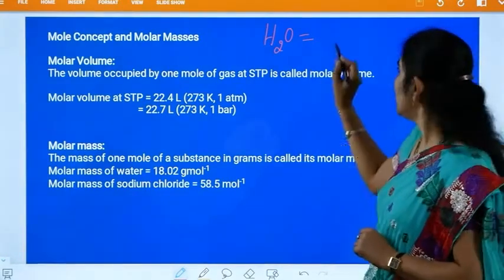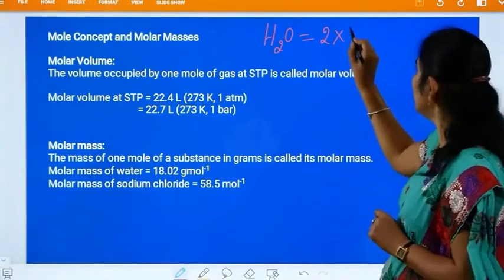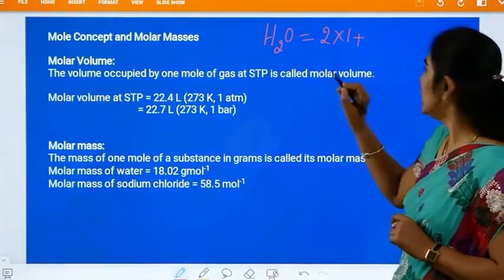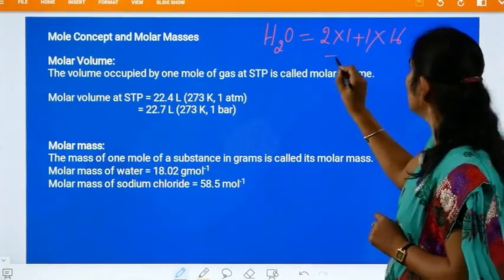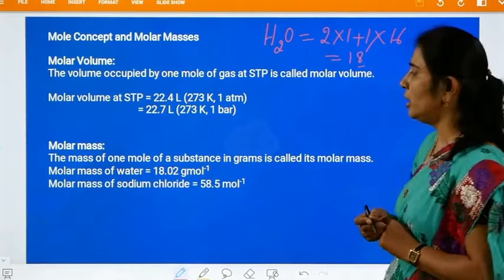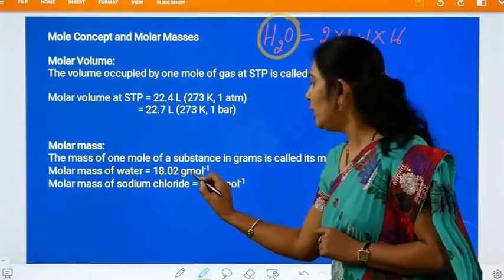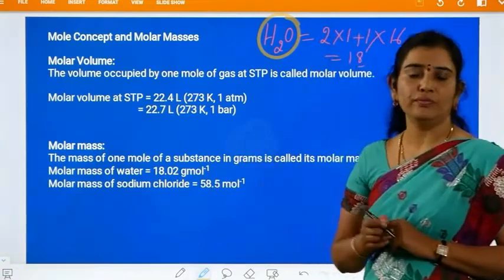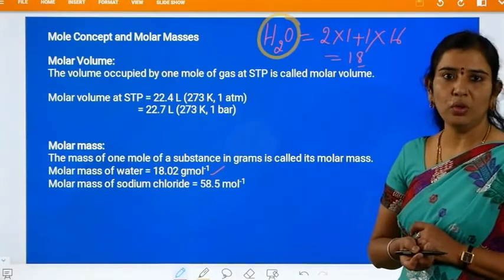How many hydrogen atoms? 2 hydrogen atoms, and the atomic mass of hydrogen is 1. Plus 1 oxygen atom with atomic mass 16. Altogether we get 18. So what is the molar mass of water? 18 grams per mole. So the unit for molar mass is grams per mole. You should remember.